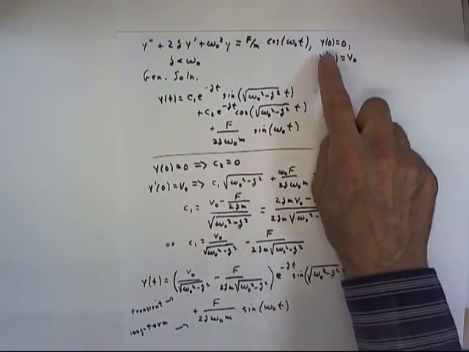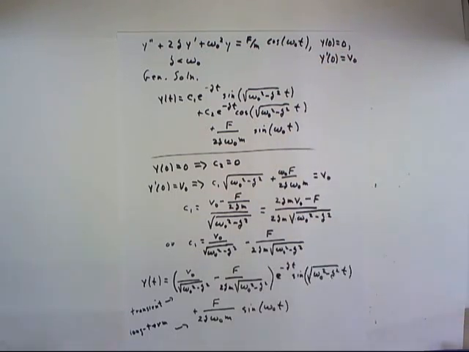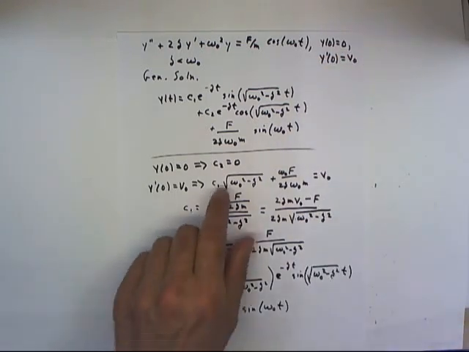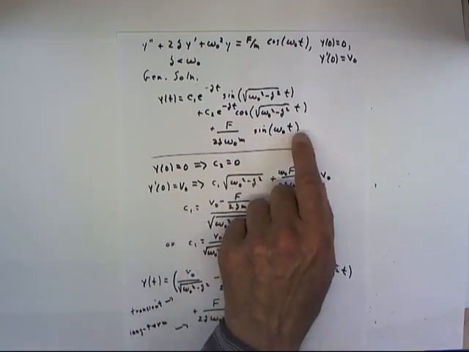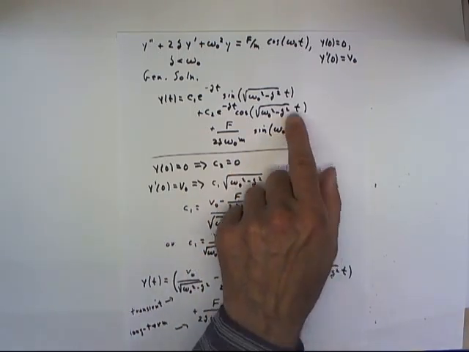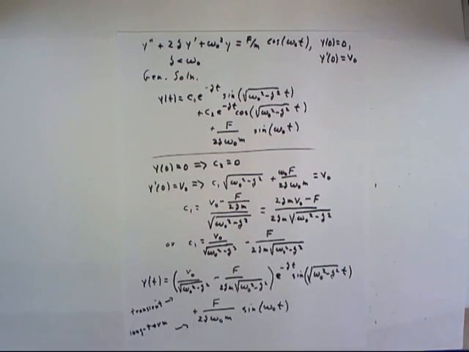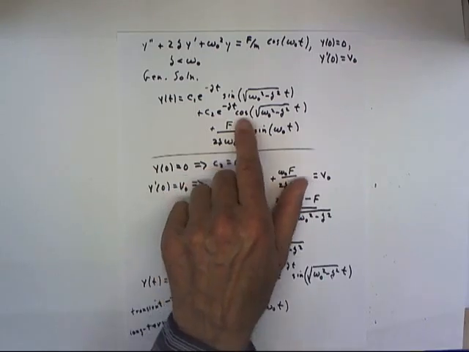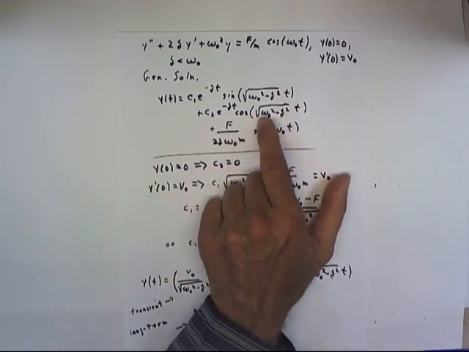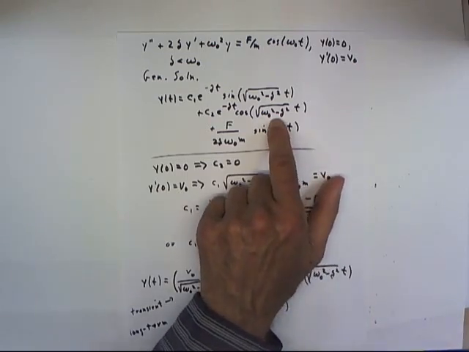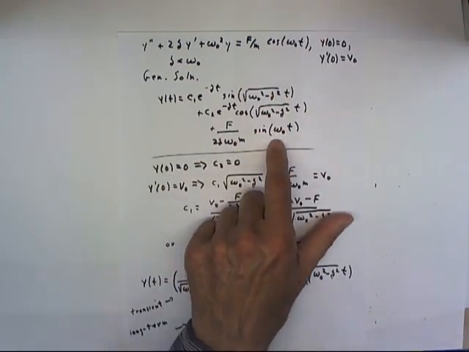The first condition, y of 0 equals 0, in a very clear and straightforward way tells us that C2 has to be 0. And the reason for that is extremely simple. The sine functions all have arguments that have factors of t, so they're going to be 0. The cosine also has an argument that has a factor of t, so we're taking the cosine of 0, but the cosine of 0 is 1, whereas the sine of 0 is 0.